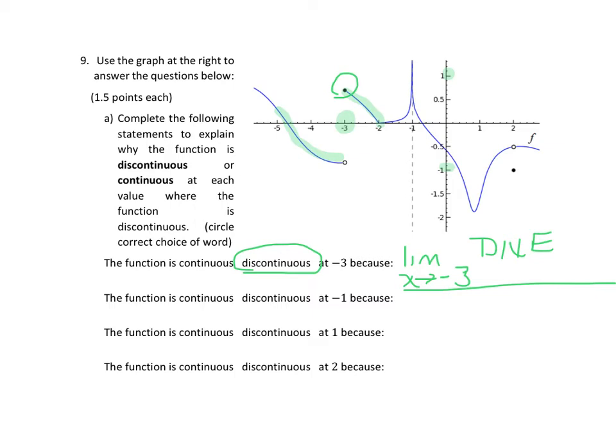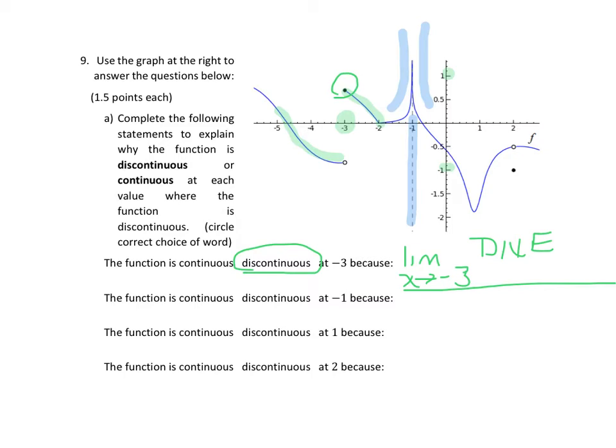Now, the function is continuous or discontinuous at -1. So we look here at -1. And at -1, we see that there is an asymptote, which means the function, if you approach from the left, is going to positive infinity, and as you approach from the right is going to positive infinity.